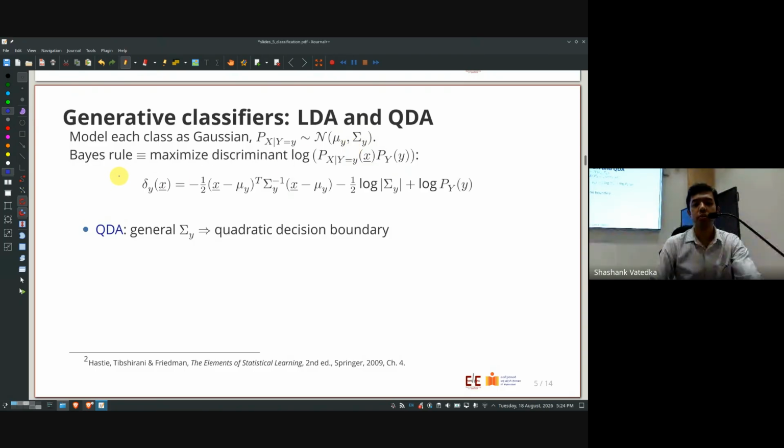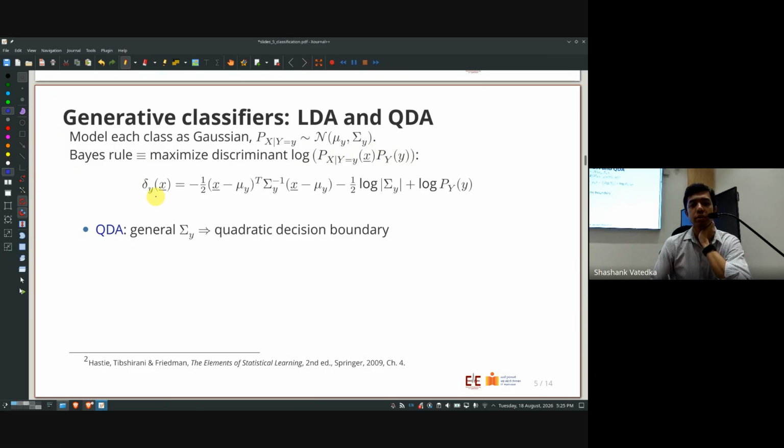Right. So the goal is therefore to maximize the log. Effectively, maximizing p(y|x) amounts to maximizing p(x|y) times p(y). Right, so that's the maximum a posteriori probability rule.